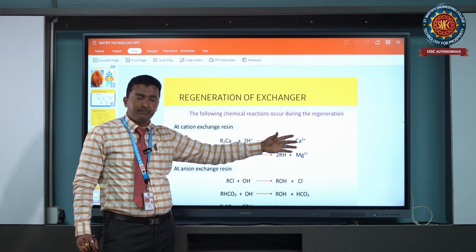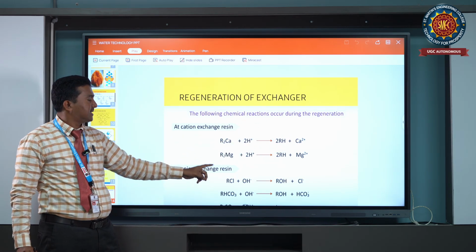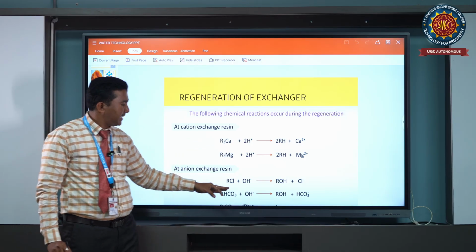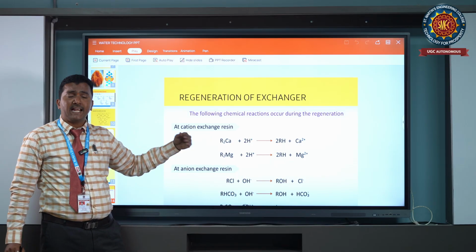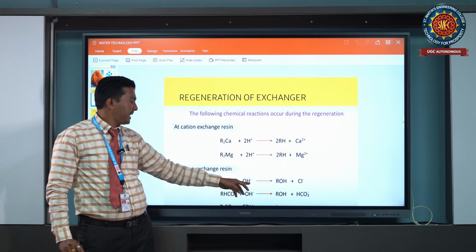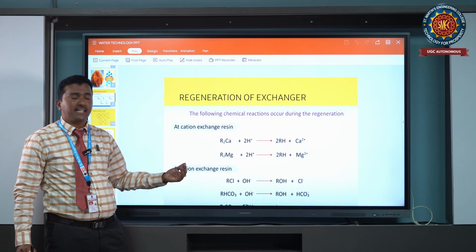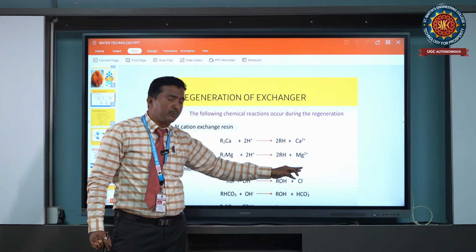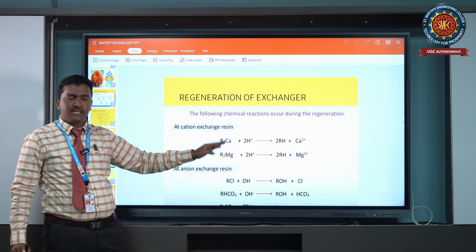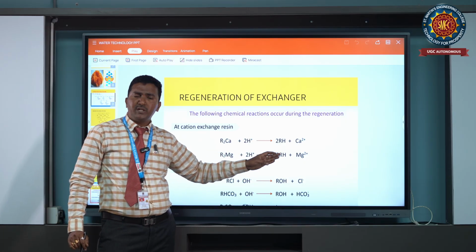The next one is the anion exchange reagent, NaOH, the OH- ions. It reacts with the water after filtering through the cation exchange reagent, so entirely you remove the acids: HCl, carbonic acid, and sulfuric acid.